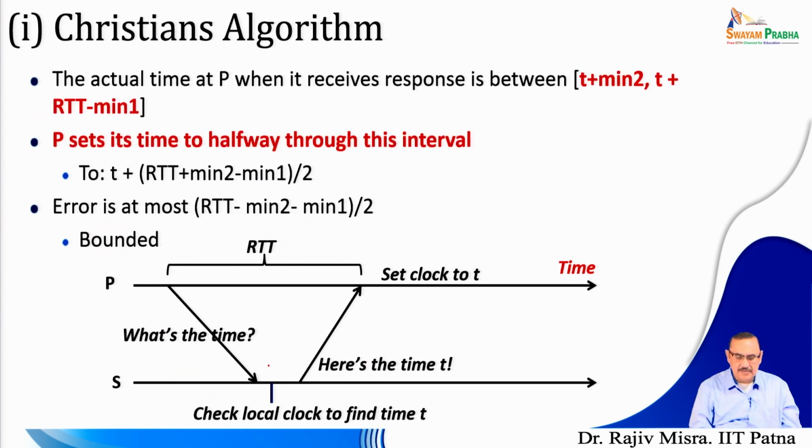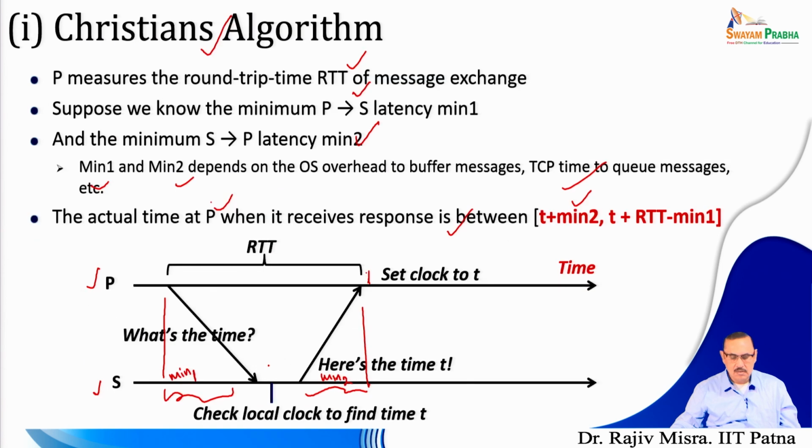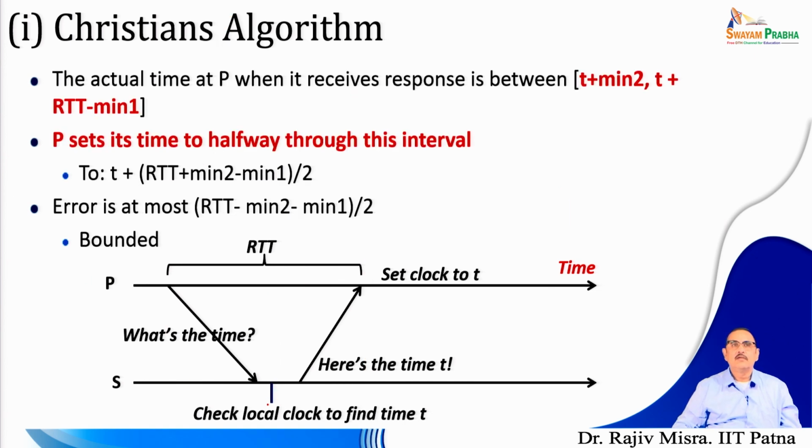Meaning, if this is time t, then the response arrives at t plus min 2 at the earliest, or at t plus RTT minus min 1 at the latest. So this is the range in which the actual time at P falls when it receives the response.